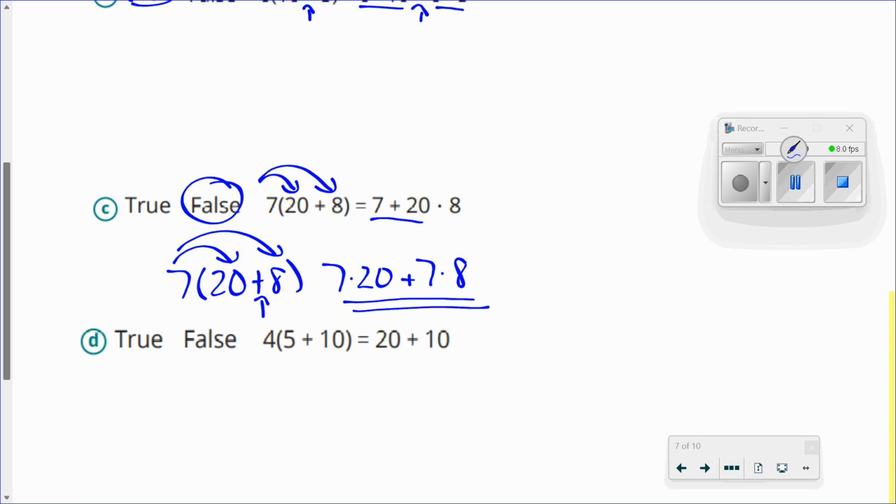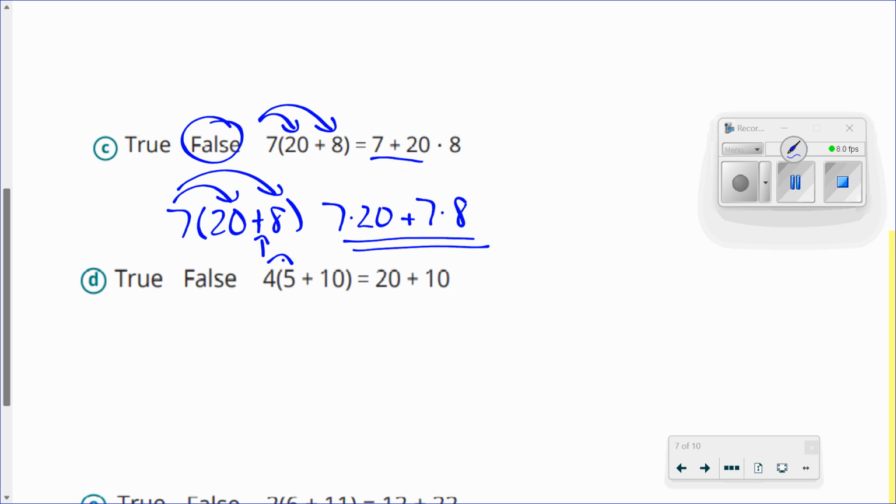Okay? What about our next one? Put in our arrows. Do I have 4 times 5? No. Did they do it right? No, it is not. Because 4 times 5 is 20, right? Can I just skip that step? No. But in case we wondered, is 4 times 10 10?